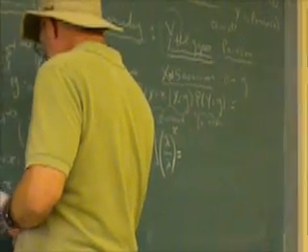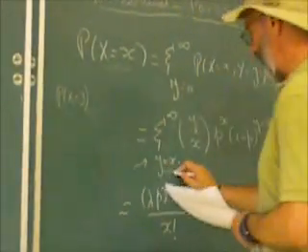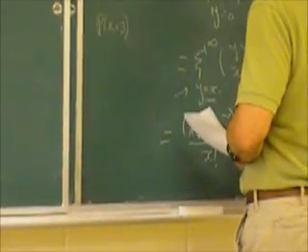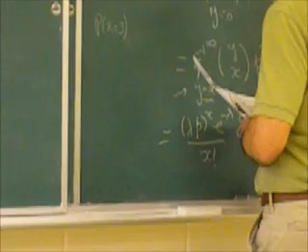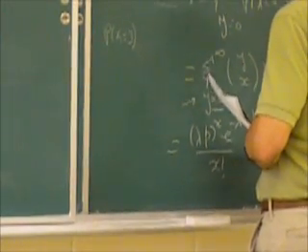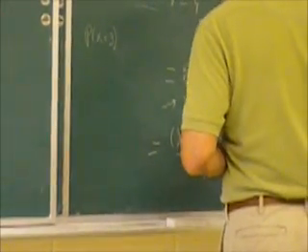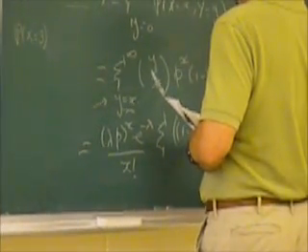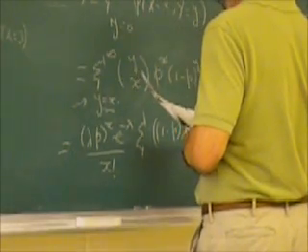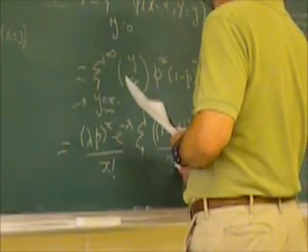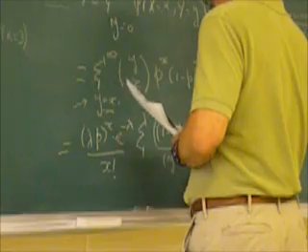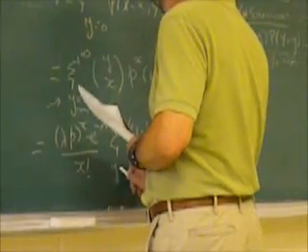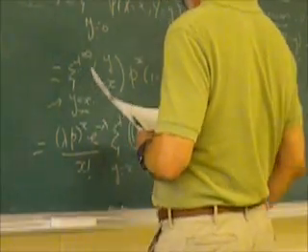We take the first one out, x factorial. Remember that we start in here, and then we have a sum here of 1 minus p times lambda to the power y minus x, and here y minus x factorial. Okay? From y equal to x to infinity.